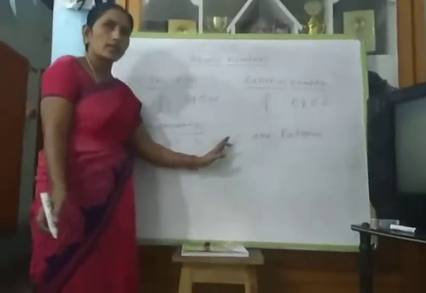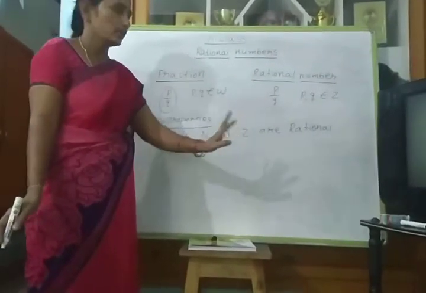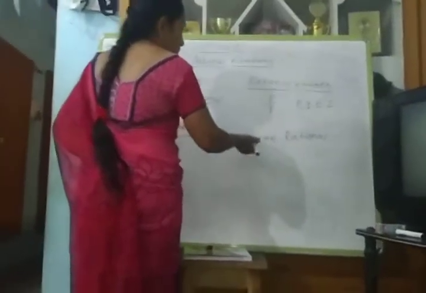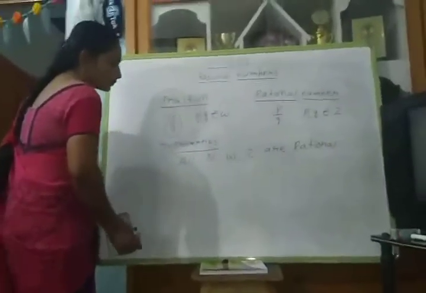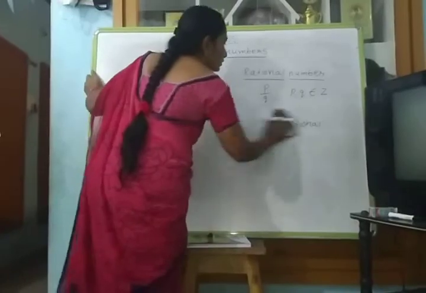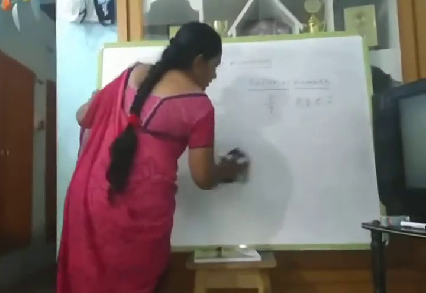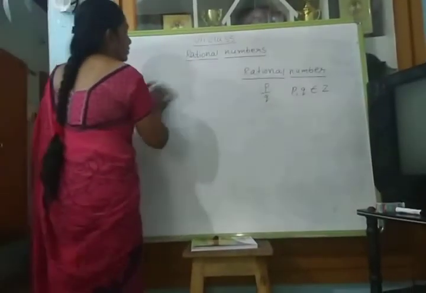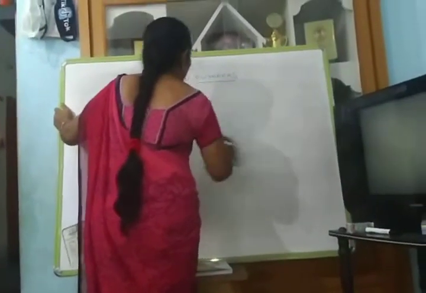All rational numbers need not be natural numbers, whole numbers or integers. All integers are rational numbers, but all rational numbers need not be integers.